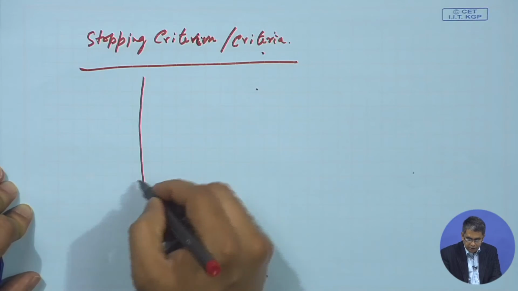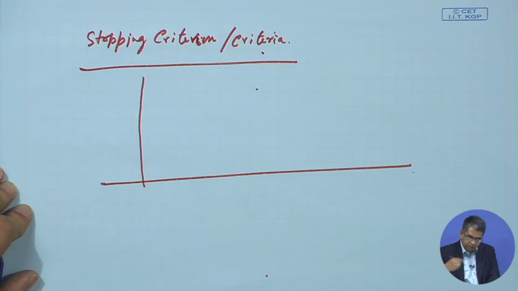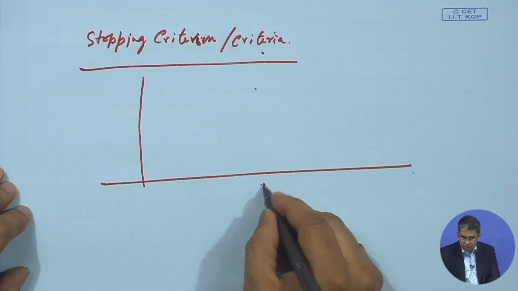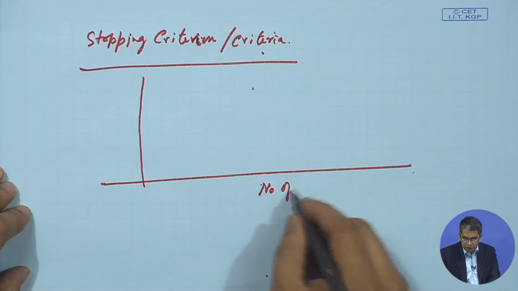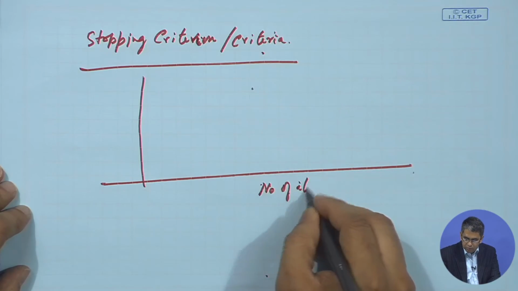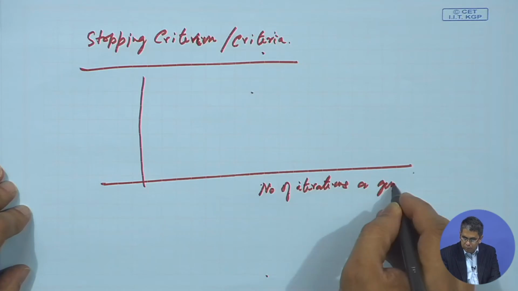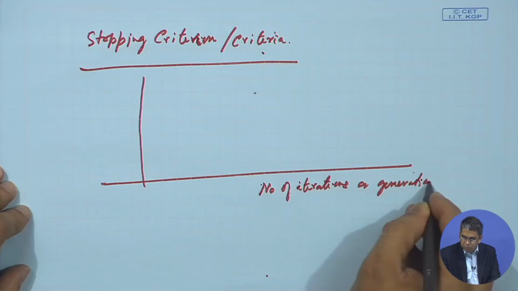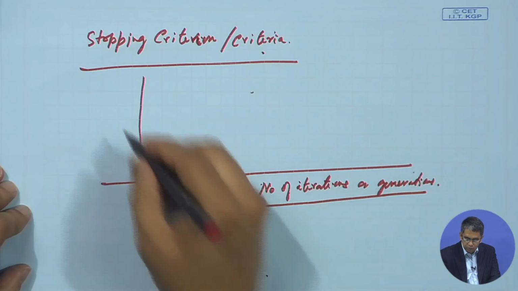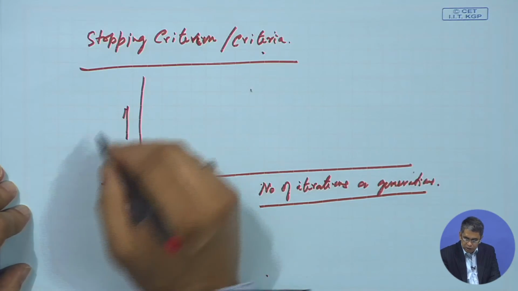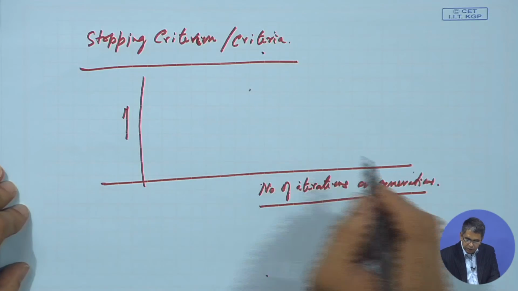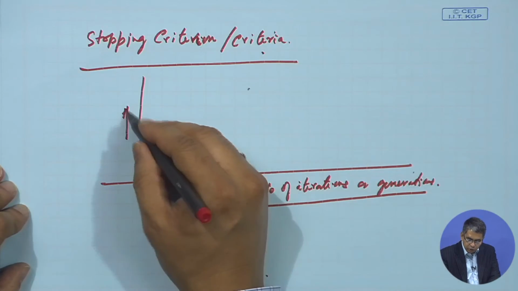As I said, these are iterative techniques, so the number of iterations or generations is very important. And then the question is, when do you stop?